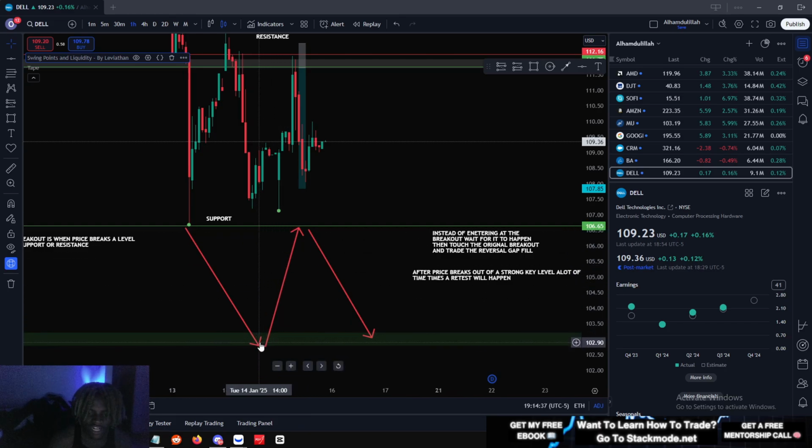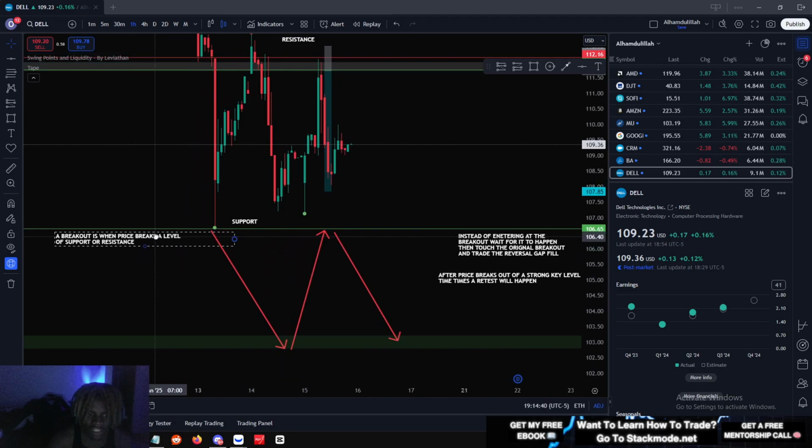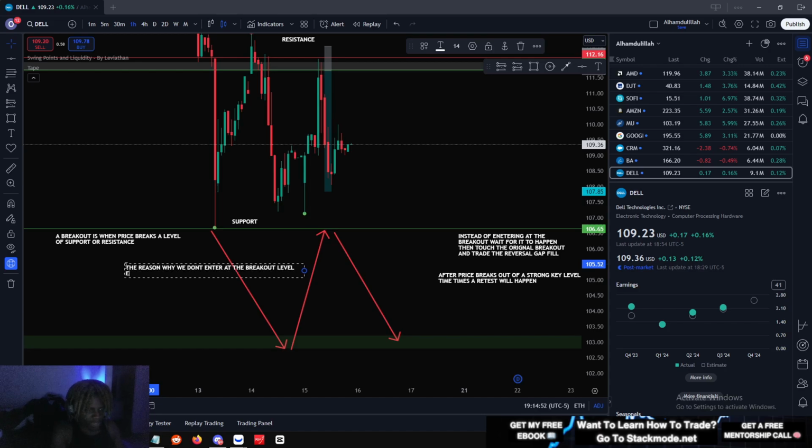So, we don't take a trade here. The reason why we don't trade here is because we can get a much bigger and more probable trade. The reason why we don't enter at the breakout level, especially on options, is because you can get a much more probable trade if you catch the gap fill reversal and use the extra contracts.